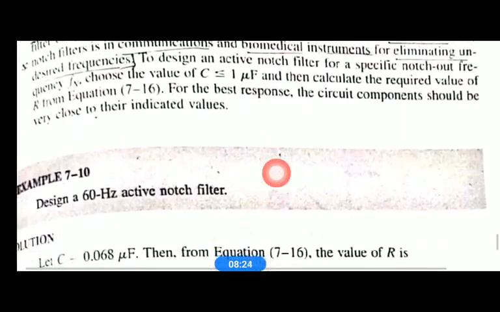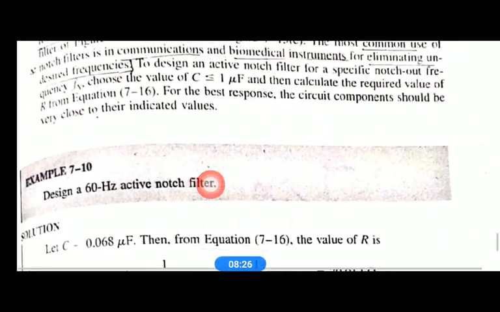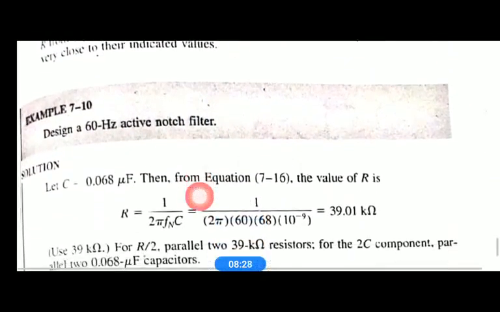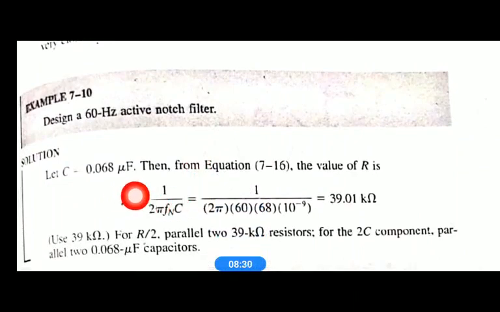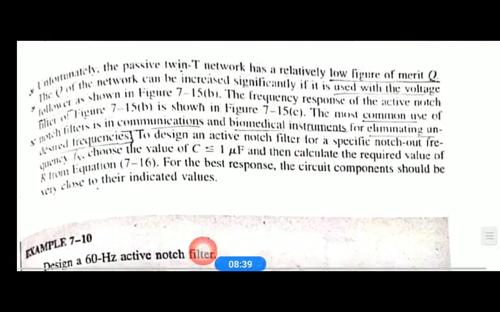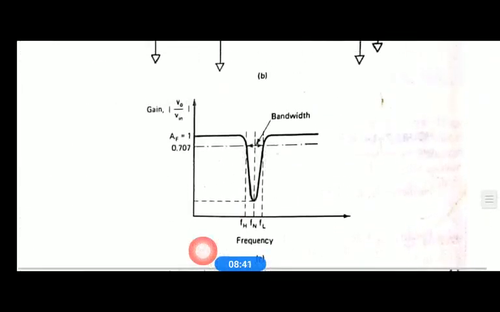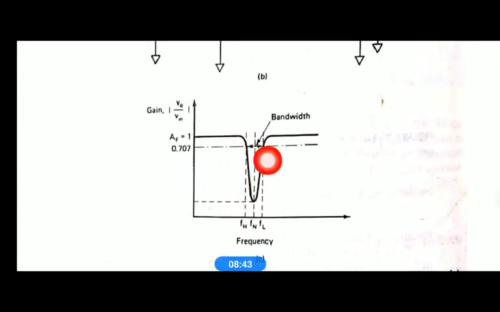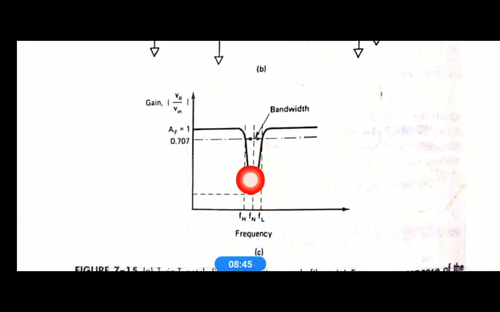For example, see the example here, to design a 60 hertz active notch filter. The formula to design R here is R equal to 1 divided by 2 pi Fn, where Fn is the notch frequency, which is 60 hertz. You see the frequency response here for the notch filter, which is a very narrow band, and we can say that the rejection is maximum only at Fn.